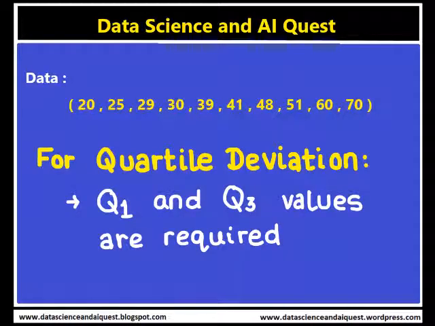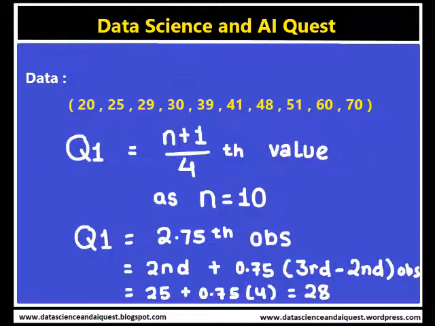Next, for the quartile deviation, one needs to find out the Q1 and Q3 values over the sample data set. First, looking at Q1, it requires the (n plus 1) by 4 value.